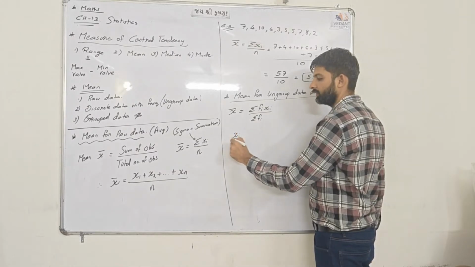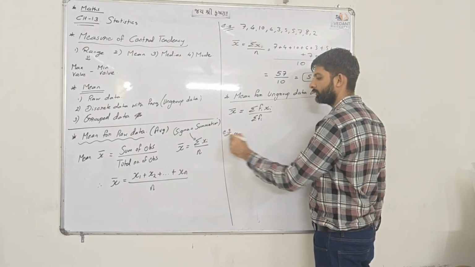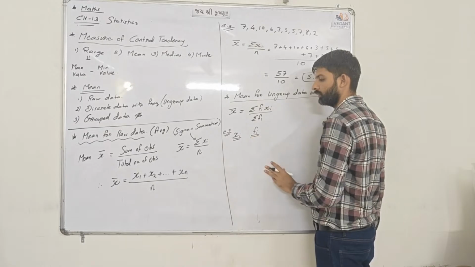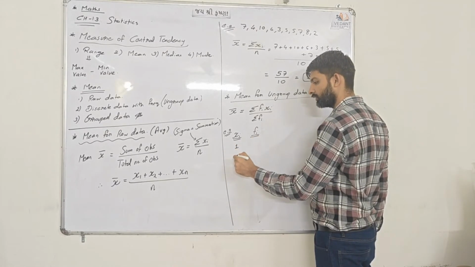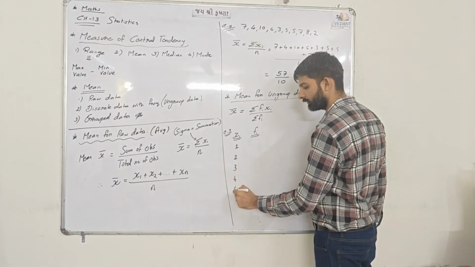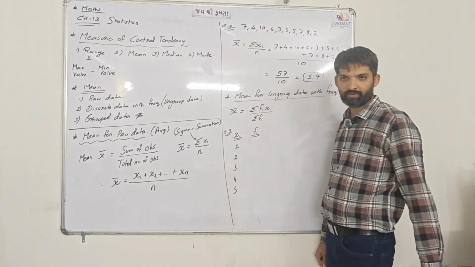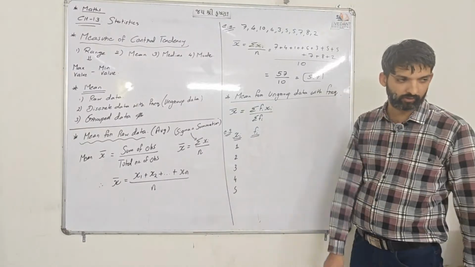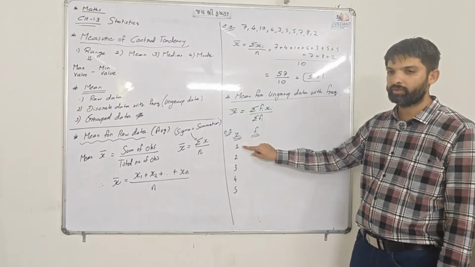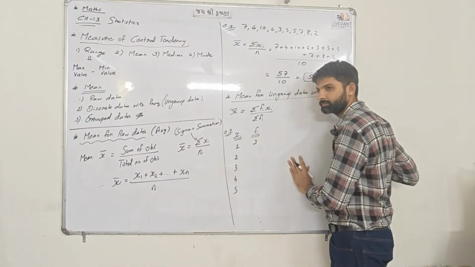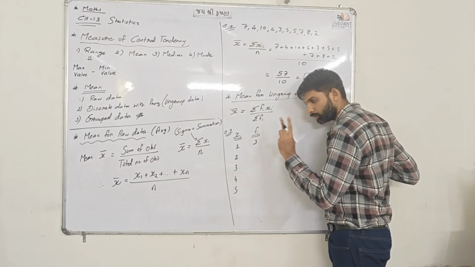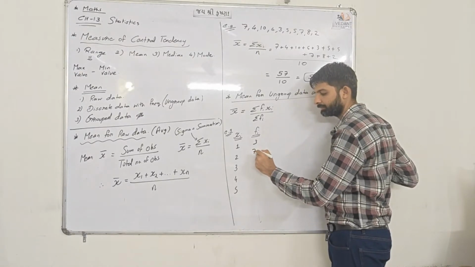Suppose I am having values like this, okay, let's say 1, 2, 3, 4 and 5. Let's say a 5-mark class test we conducted. Number of students who got 1 mark is, let's say, 3. Number of students who got 2 marks, let's say 7.